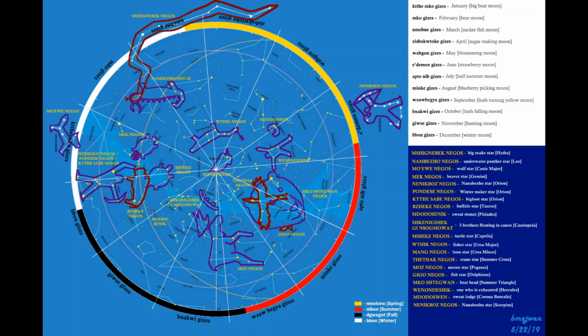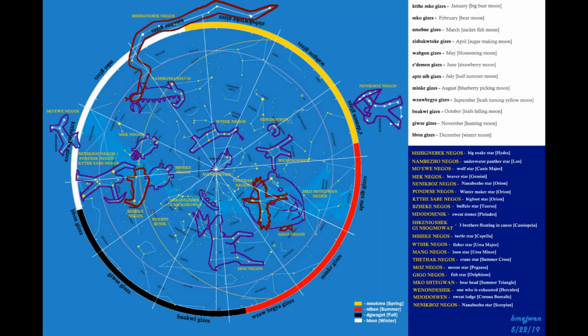So the way that I made this map here is that if you look on the top right side, you'll see each month. I put the Potawatomi word for the month also, as well as the English word for the month. If you look at the map itself, if you look at the white outside, those are winter months.